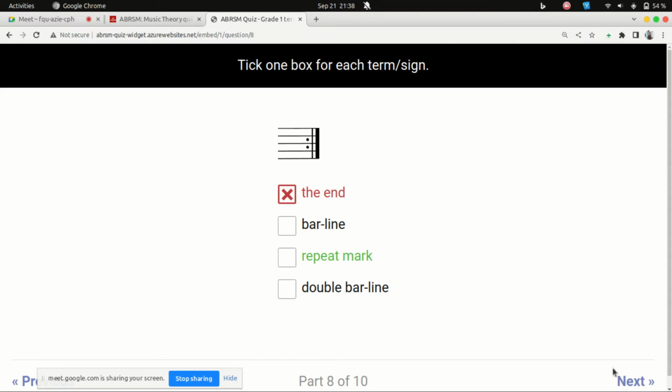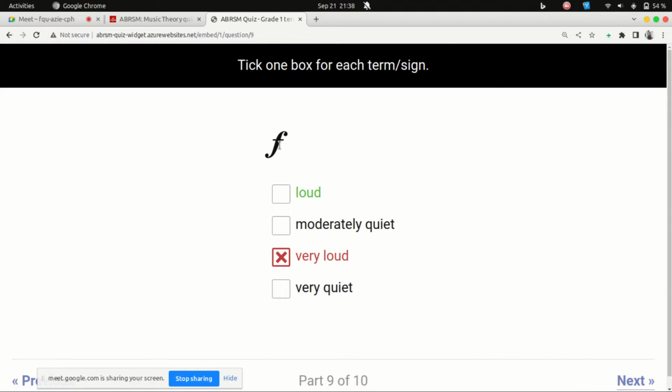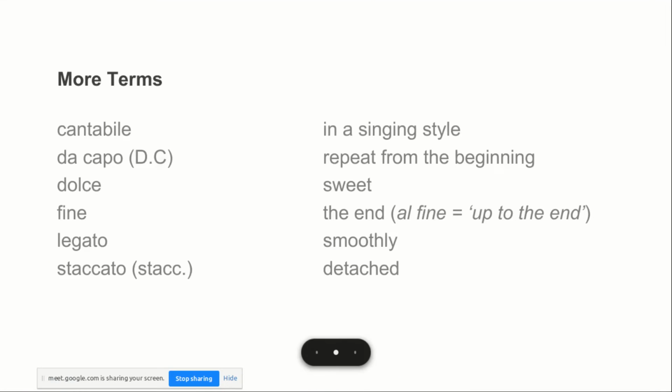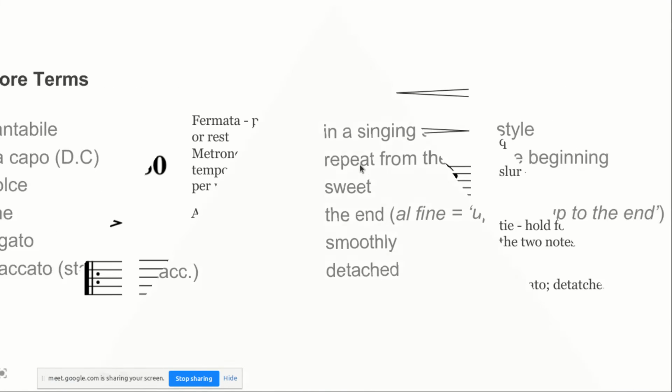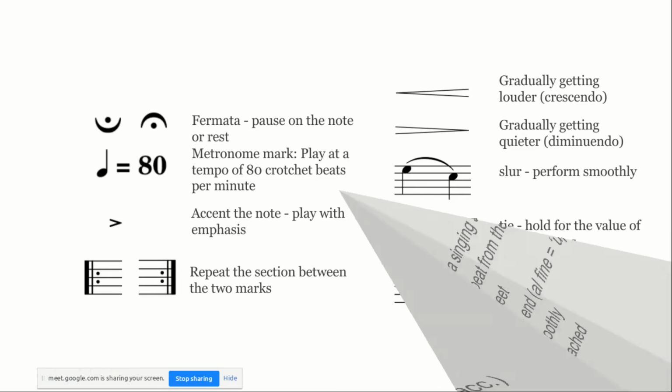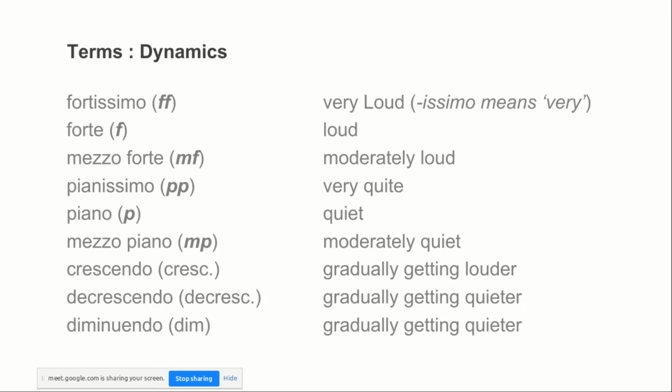And then we have F, FF. Let's look at the dynamics. FF is fortissimo and it's very loud.